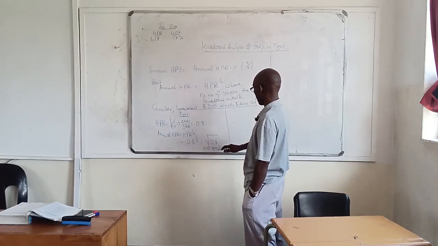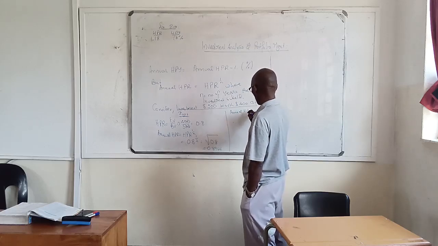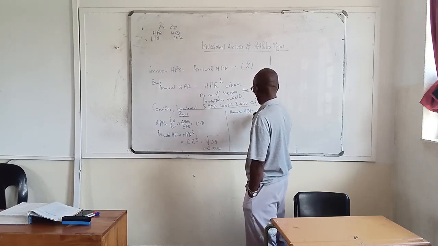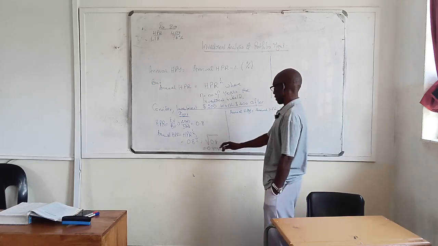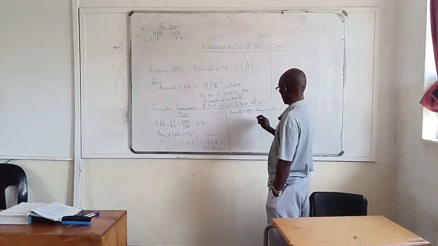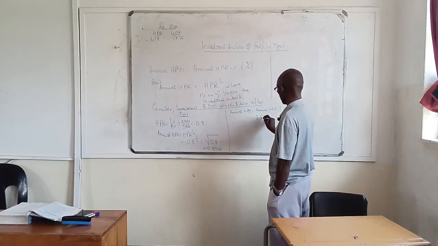Okay. Now, that's annual HPR. What is your annual HPY? Annual HPY is equal to annual HPR minus 1, right? So the annual HPR is 0.89 minus 1.